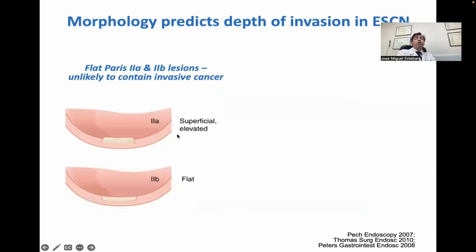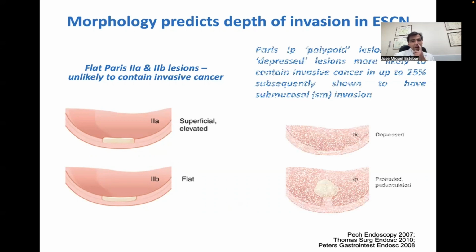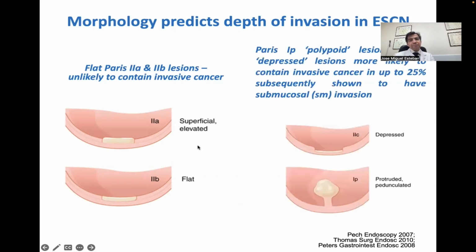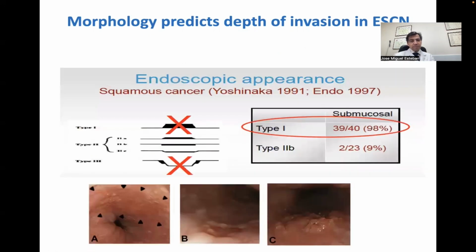So in morphology, there is a very old classification, the Paris classification, and if it is just Paris 2A or 2B, the risk of invasive cancer is very low, but in the other cases, 1 and 2C or 3, it is very frequently submucosal invasive cancer.